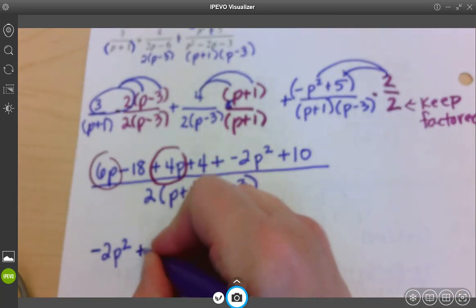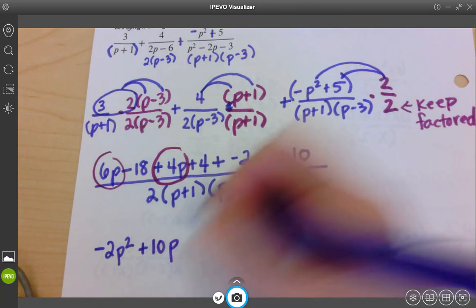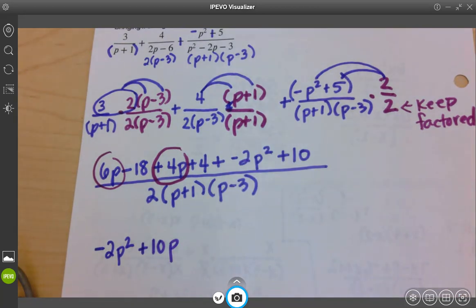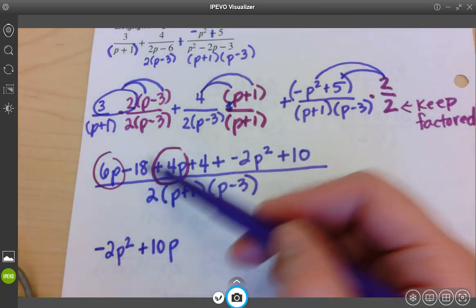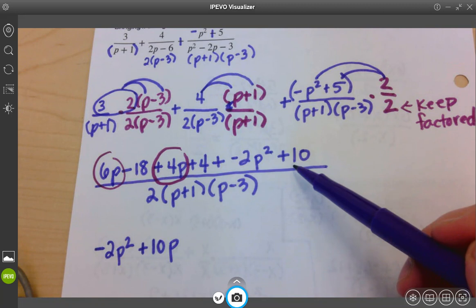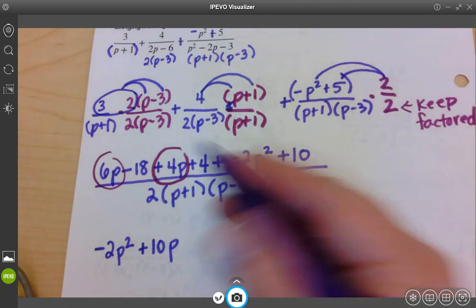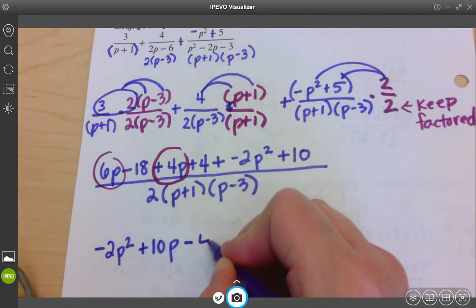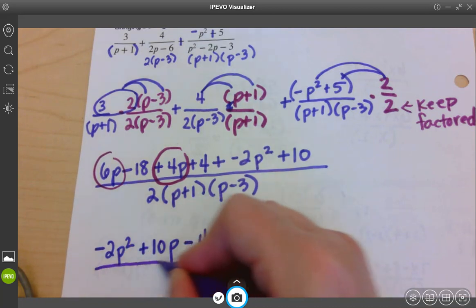So I'm getting 10p. And then your constants, which would be negative 18 plus 4 and plus 10. What's that? Negative 4, right? Okay.